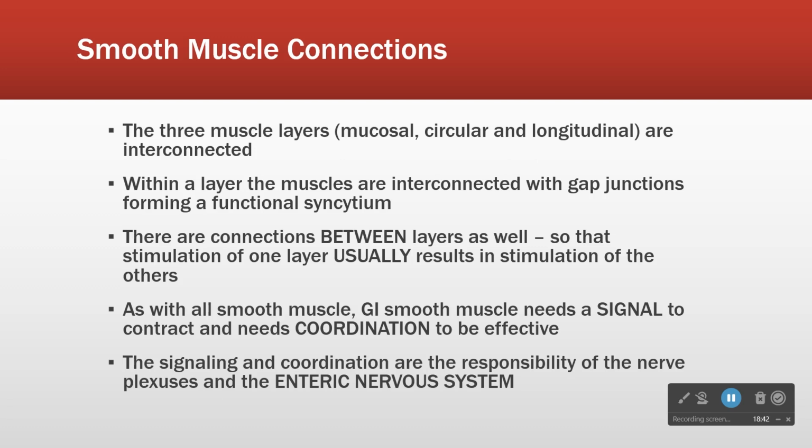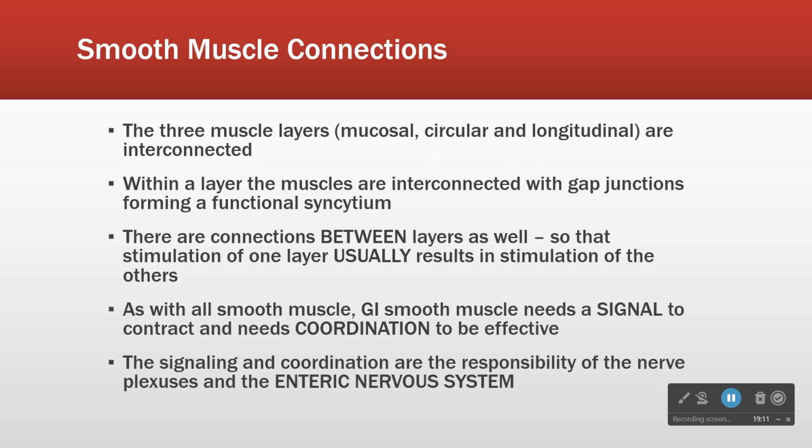Now, interestingly, and something almost nobody ever hears about, is the fact that all of these nerves in the GI tract and all of their connections to each other actually create a whole separate nervous system. You can kind of think of the GI tract as having its own brain. And in reality, the GI tract doesn't need the brain for anything because of what we call the enteric nervous system.